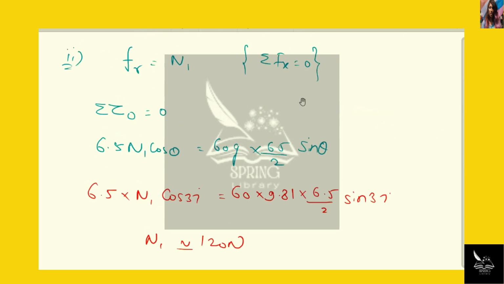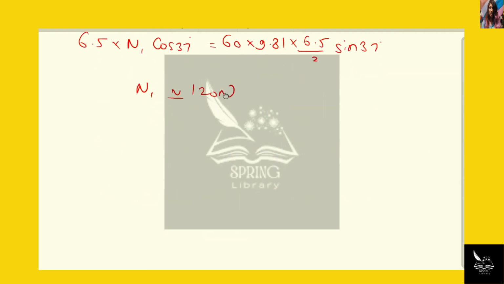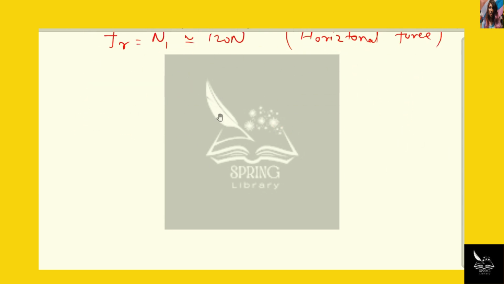From here we get the value of N1, that is equal to 120 Newton. And from this equation, let this be 1, we can say that Fr is also equal to N1, and this will be equal to 120 Newton. So this is the horizontal force on the ladder by the ground.